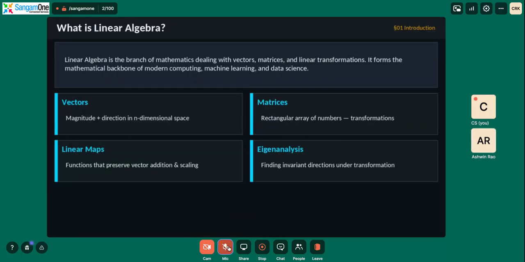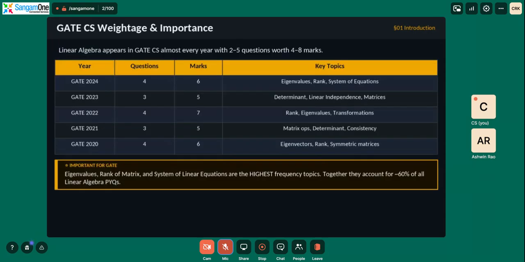Okay, then moving on to GATE weightage. Linear algebra appears almost every year in GATE with around 4 to 8 marks, where the main key topics involve eigenvalues, rank, and systems of equations.